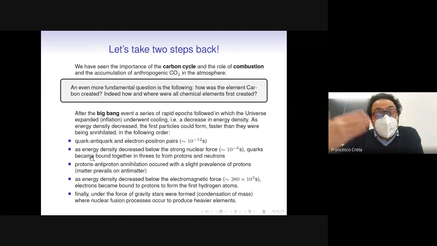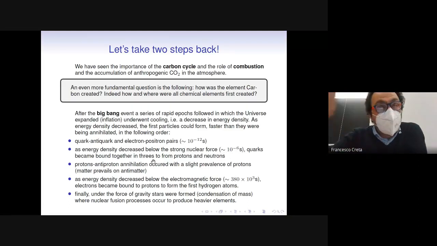Then after a few millionths of a second, so we're talking about an almost instantaneous thing, if the energy density decreases below what we call the strong nuclear force, you have the first formation of nucleons.